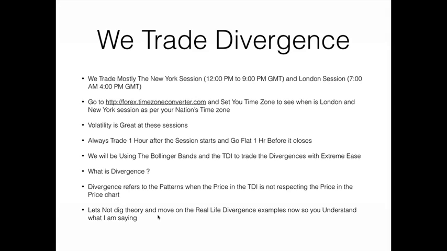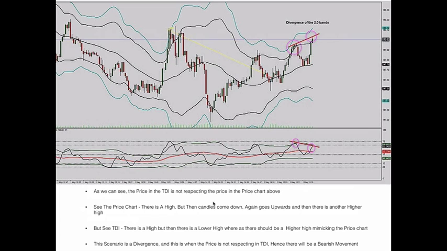Let's not take theory and let's move to real life divergence examples so that you understand what I am saying. Okay, so as you can see here, the price in the TDI is not respecting the price in the price chart above. This is the price chart. This is the TDI. What is happening is new candles are building.